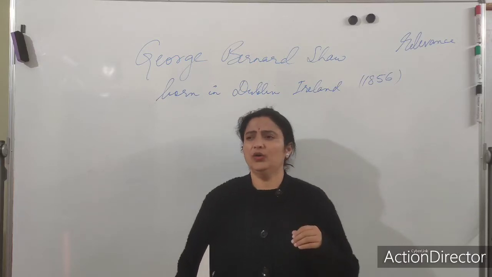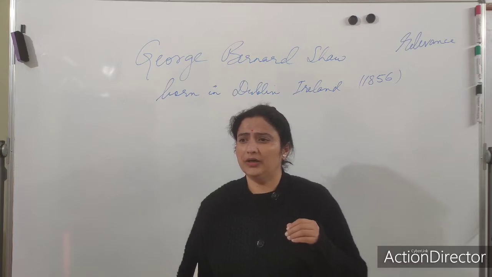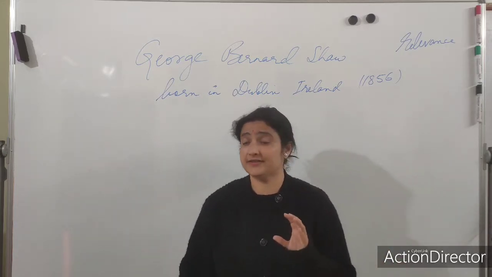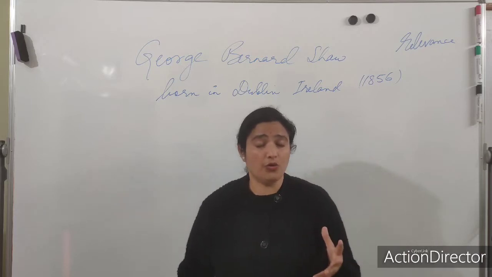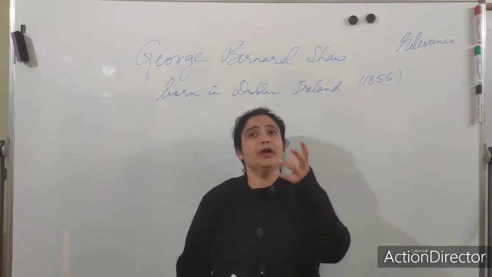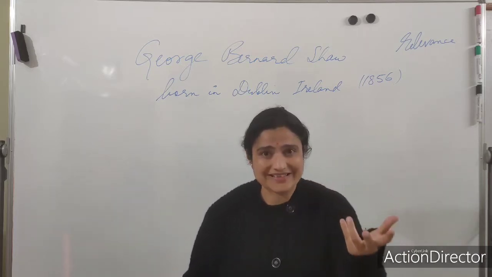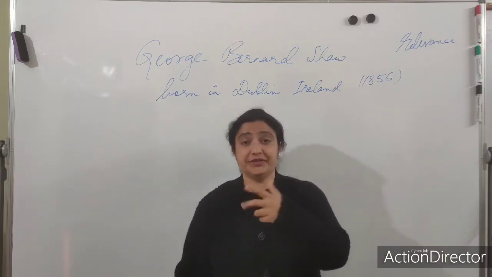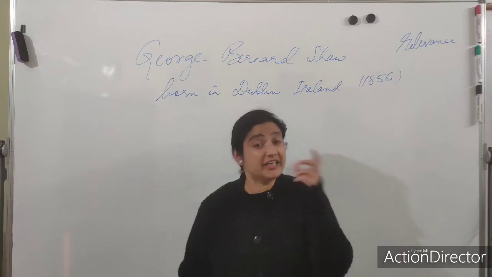Who are critics? Those who make a critical analysis of something. And what J.B. Shaw was critically analyzing was the plays that were performed on the stage, the essays that were written, the pamphlets that were written, and even music.